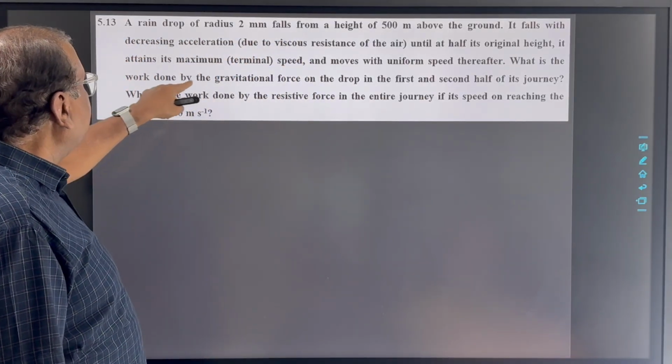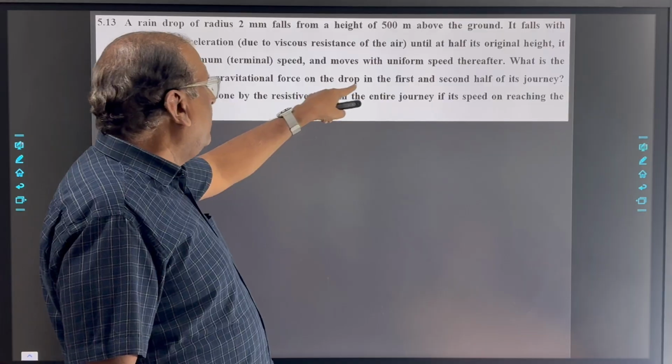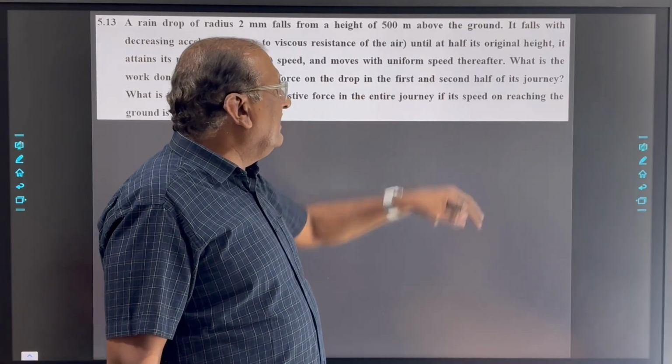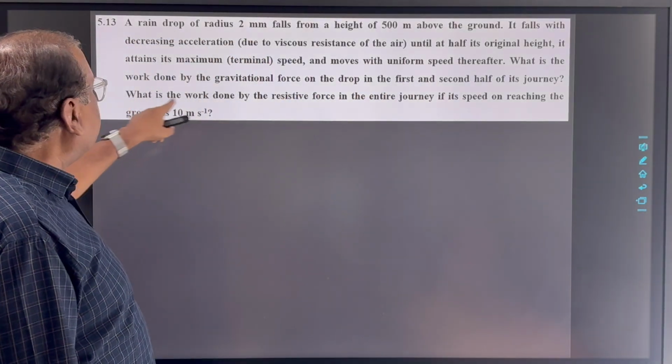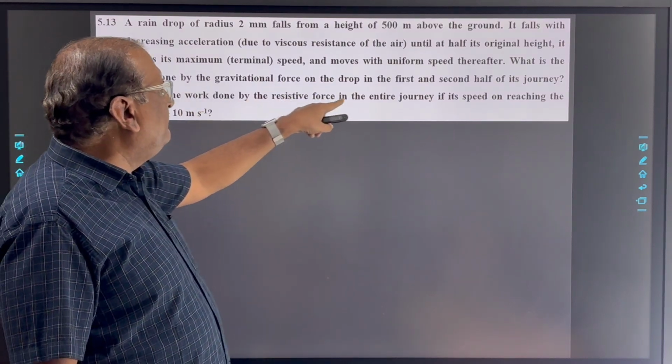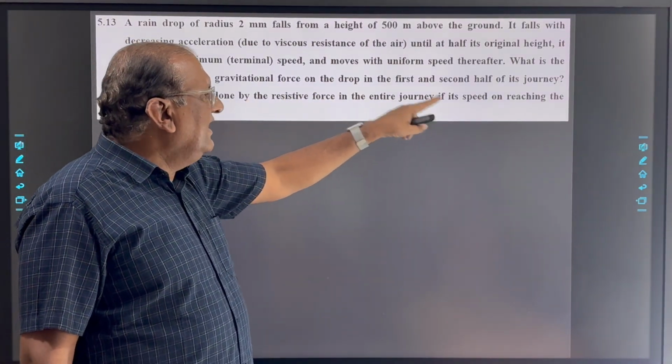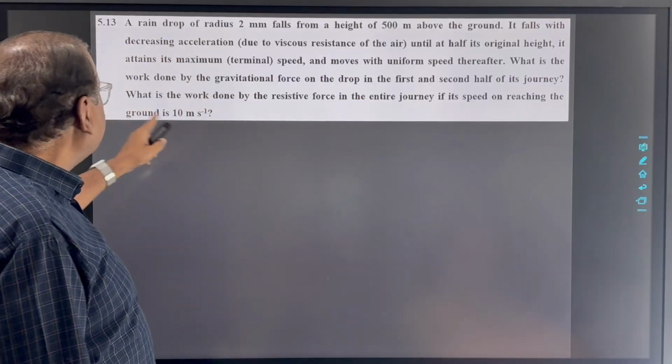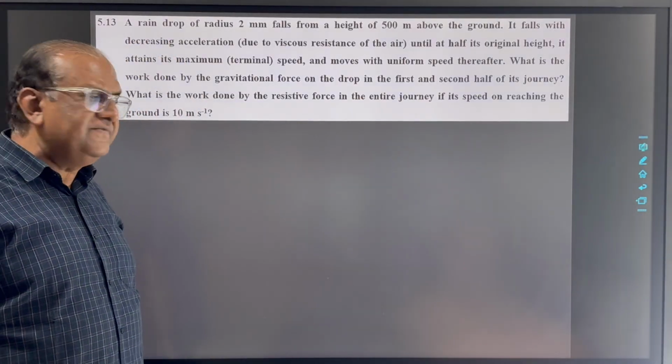What is the work done by the gravitational force on the drop in the first and second half of its journey? What is the work done by the resistive force in the entire journey if its speed on reaching the ground is 10 meter per second?